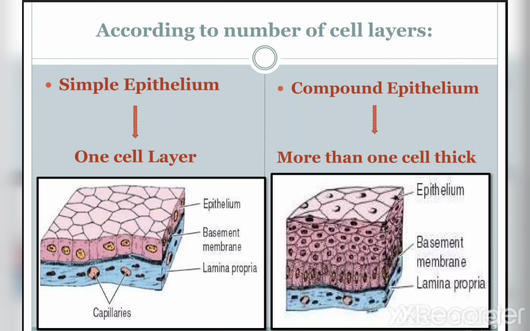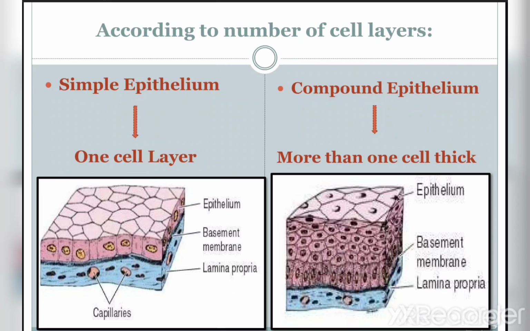This covers a free surface, either the free surface of the body like in the skin, or the free surfaces of the internal organs like the gastrointestinal tract or the urinary tract. So it is a single layer of cells, as we see here. These are the epithelial cells, the basal lamina or basement membrane, and beneath it is the layer of connective tissue.